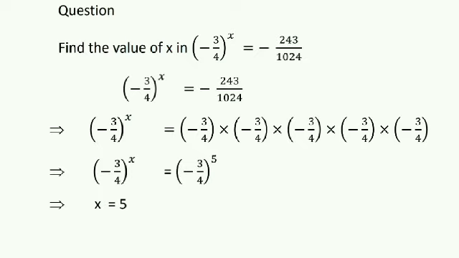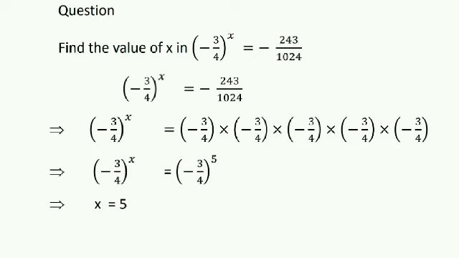And it can be written as minus 3 by 4 into minus 3 by 4 into minus 3 by 4 into minus 3 by 4 into minus 3 by 4. That means minus 3 by 4 is multiplied 5 times by itself to get minus 243 by 1024. You can obtain this step by doing the prime factorization of 243 and 1024 separately.